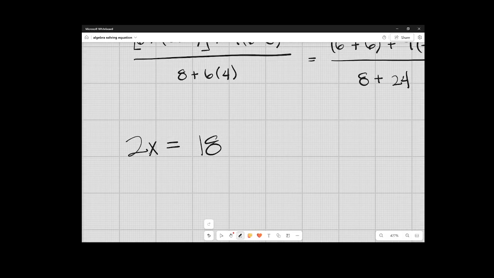So if I'm asked to solve for x, that means I have to say what x value does this need to be in order to make this statement true? Right? So what does x have to be?